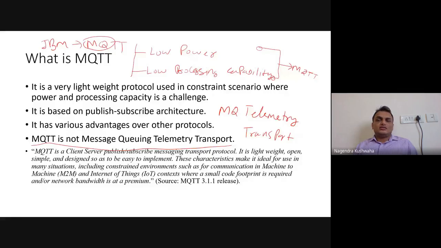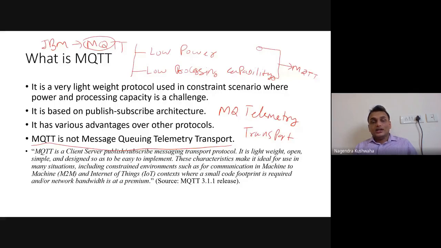This is the definition for MQTT. So I'll read it for you. I have directly copied it from the MQTT 3.1.1 release. That's why I have quoted it also. So it says that MQTT is a client server publish subscribe messaging transport protocol.